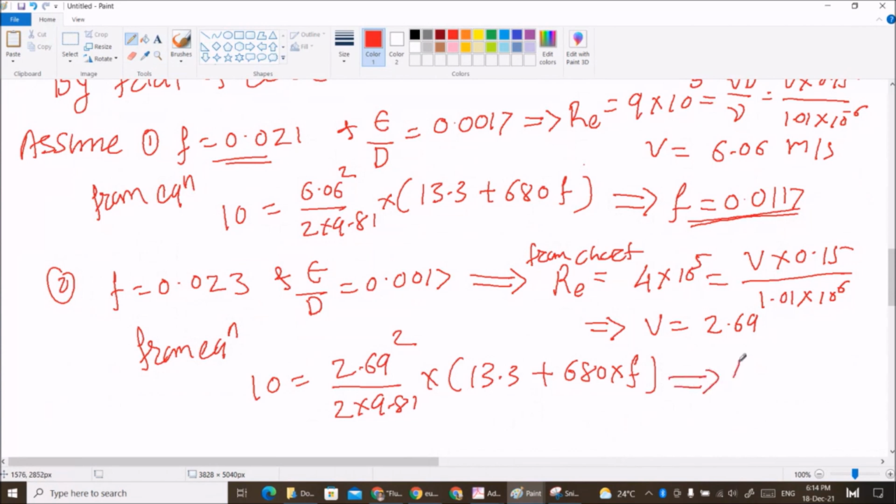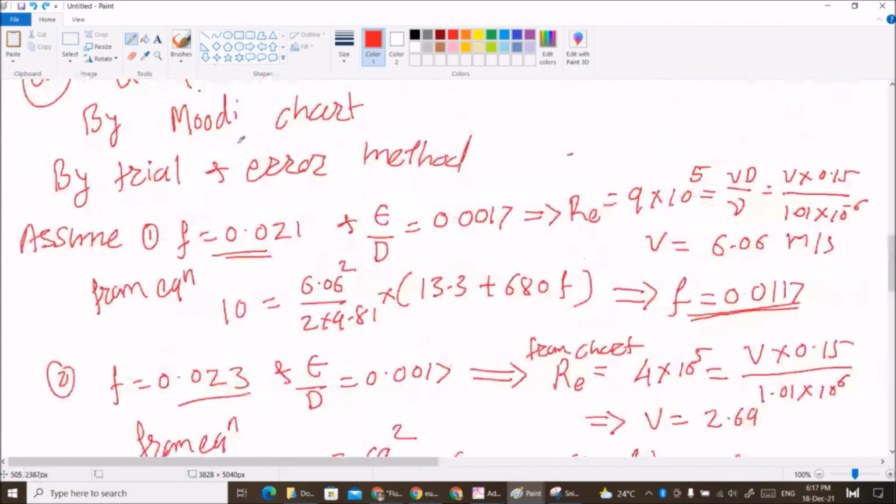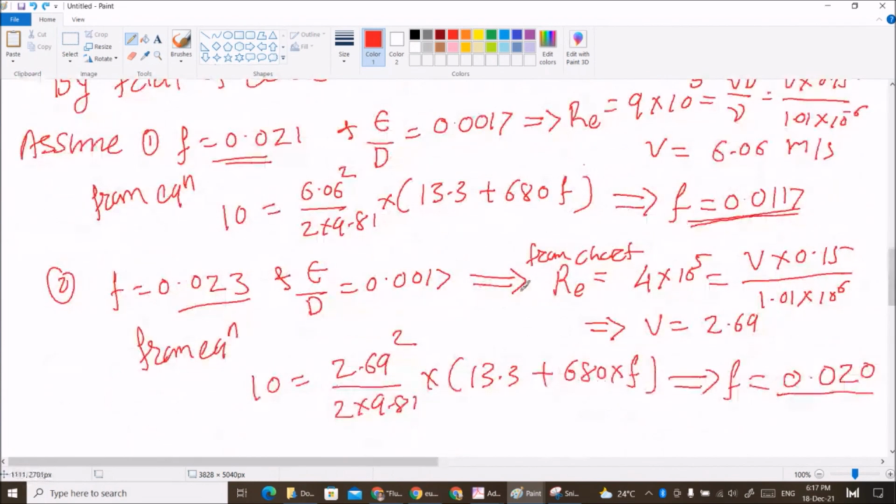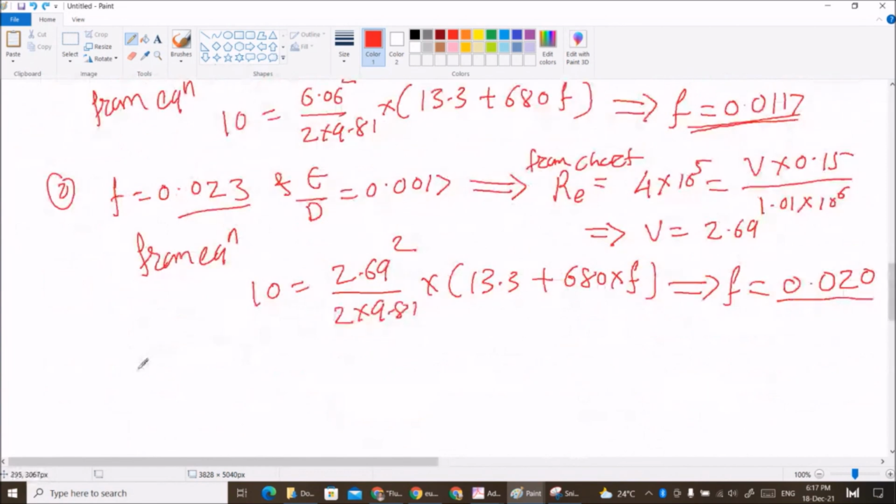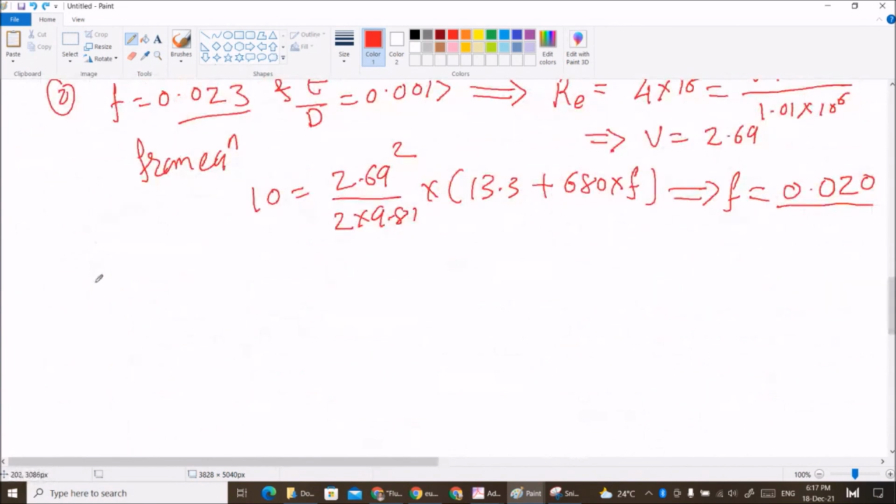So this will give me f is equal to 0.020. Okay, so before 21, 23, and we are varying here, so we'll assume f is equal to, so finally f is equal to 0.022.